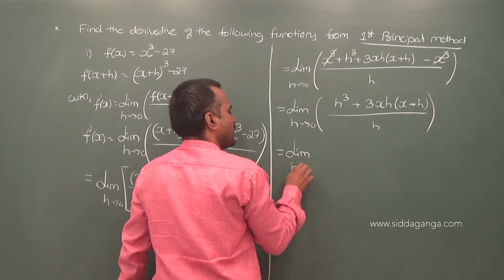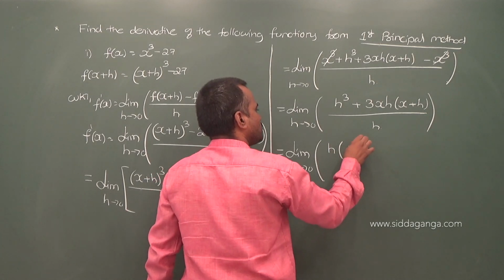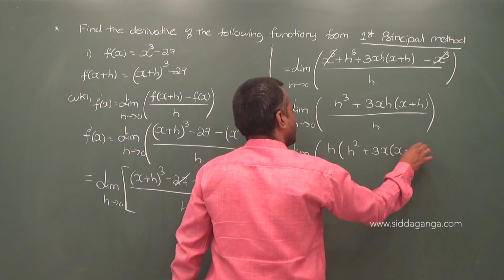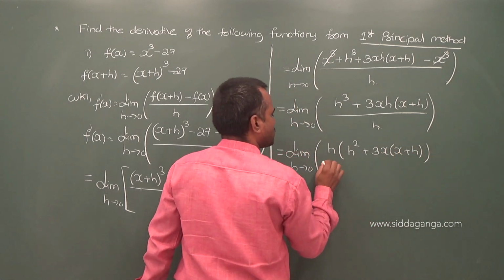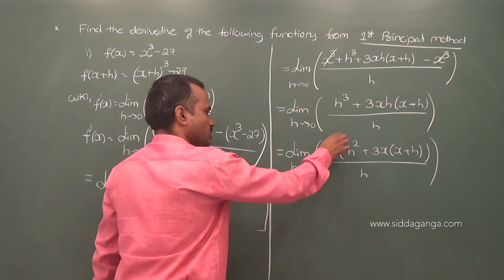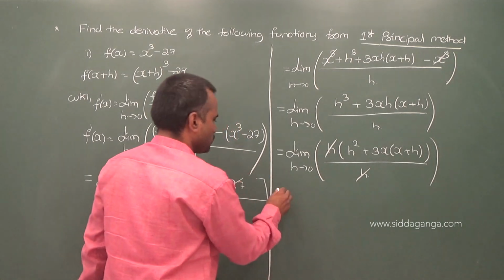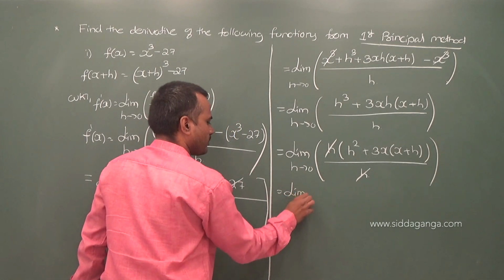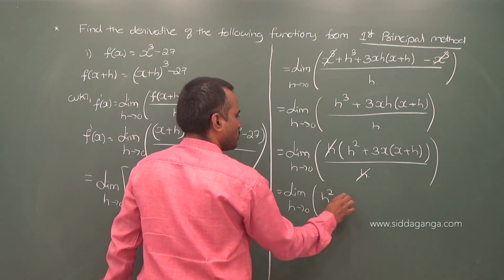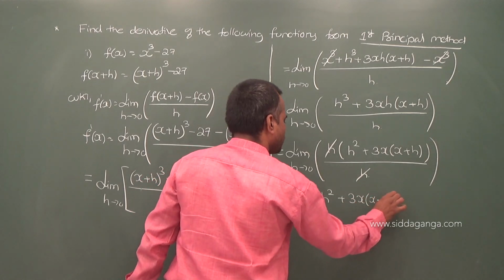Limit h tends to 0, h(h² + 3x(x+h)) whole divided by h. Both side h get cancelled. So that is equal to limit h tends to 0, what is left: h² + 3x(x+h).